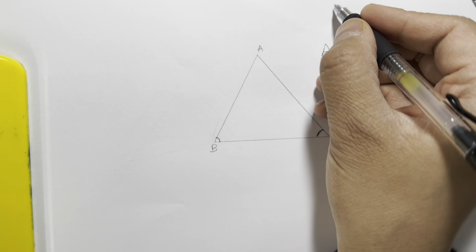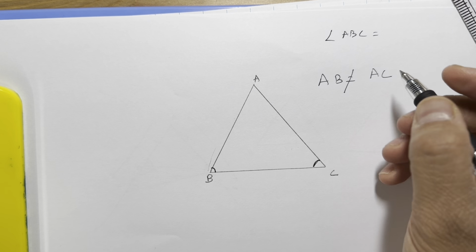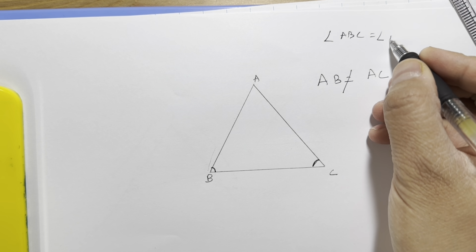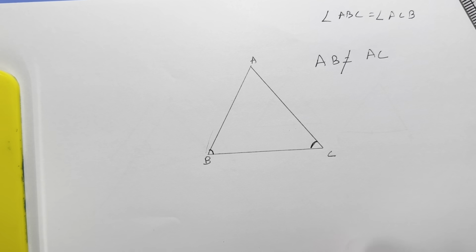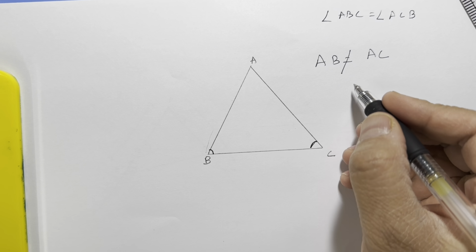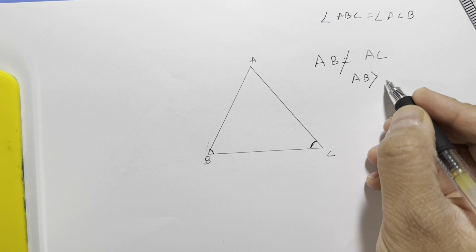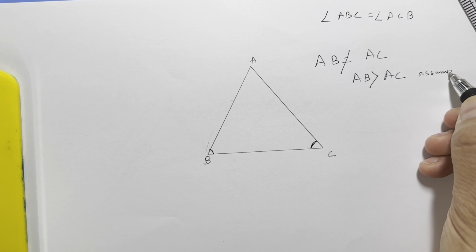Angle ABC is equal to angle ACB. Okay. So he says let AB be greater. So assuming AB is greater than AC. So this is the assumption.